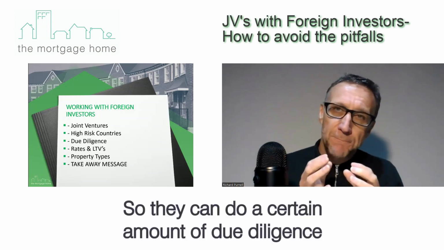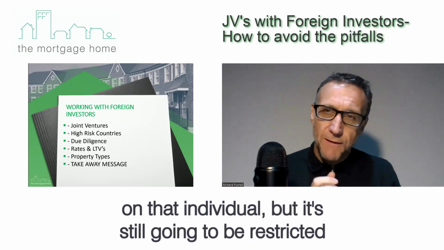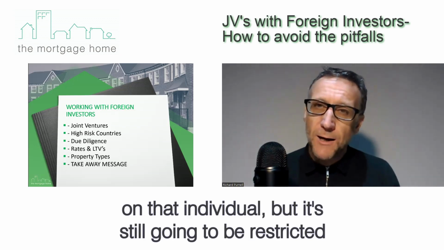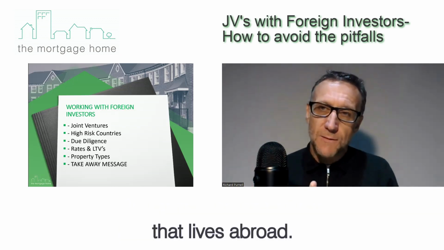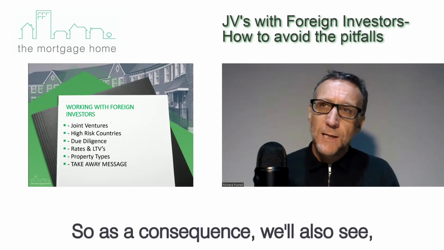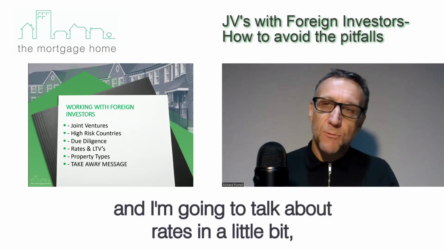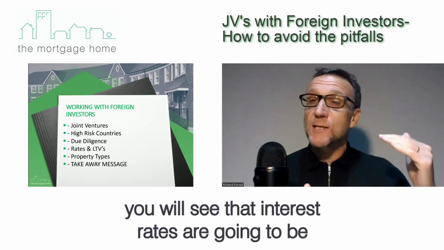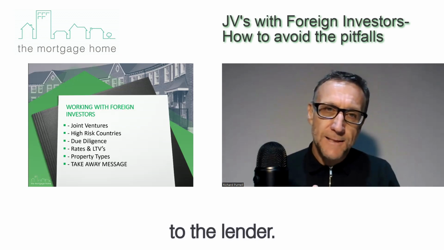So they can do a certain amount of due diligence on that individual, but it's still going to be restricted because they can't do a credit check on someone that lives abroad. That information's not available. As a consequence, and I'm going to talk about rates in a little bit, you will see that interest rates are going to be a little higher because it's seen as a higher risk to the lender.